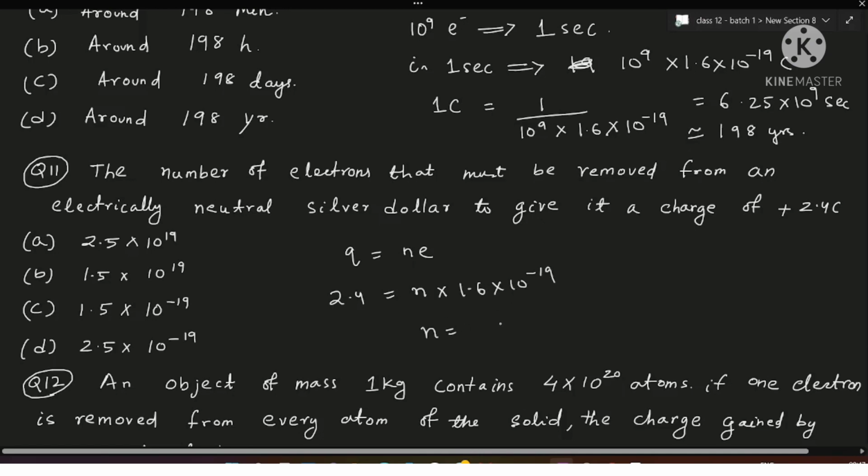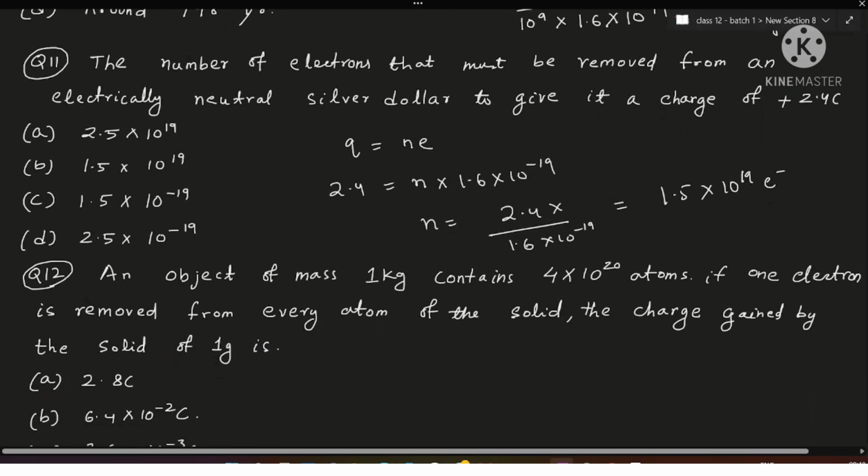On solving, N is 2.4 by 1.6 into 10 to the power minus 19, which is 1.5 into 10 to the power 19 electrons.